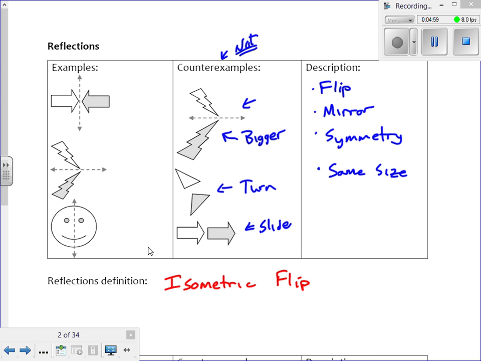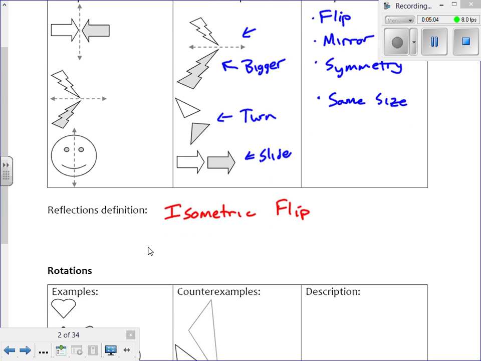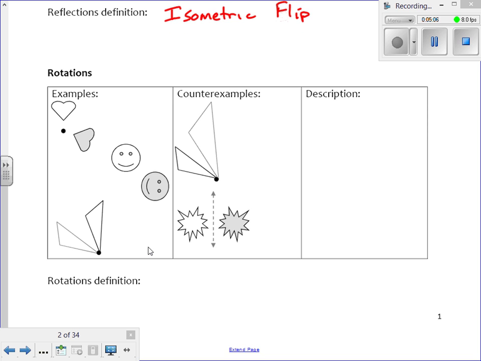Remember that isometric just simply means that the size didn't change. Okay? And then we finally talked about rotations. And if you notice in all of these examples, it looks like the figure is turning. There's some type of turn. Here, all of a sudden, maybe the orientation is changing as you turn it. But the big issue with this particular example, although it does turn, it did get bigger as you turned it.